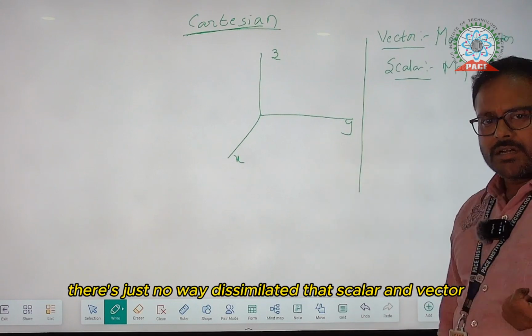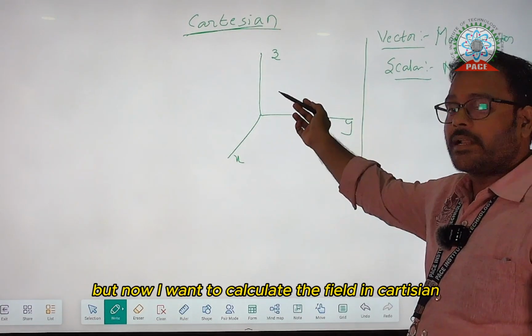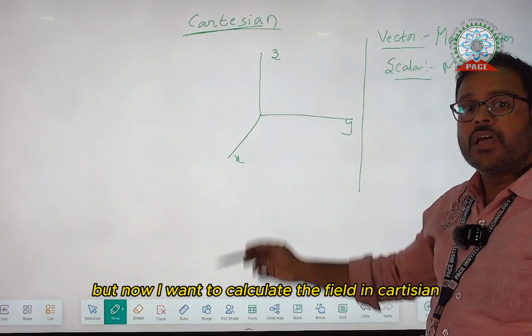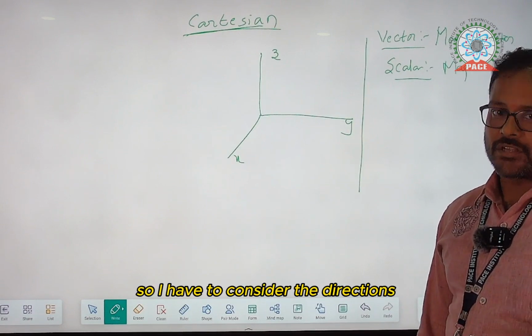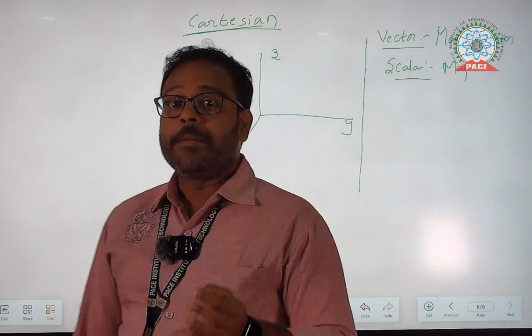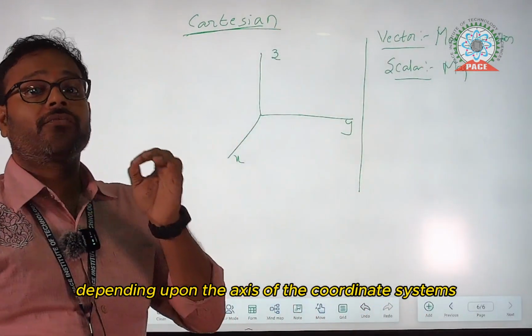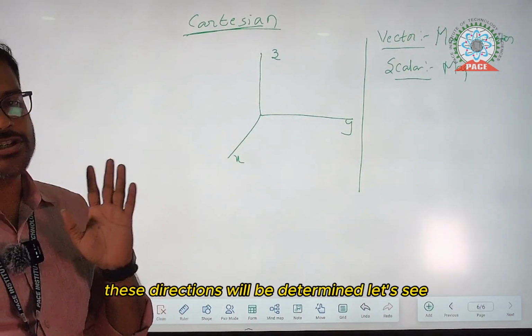So just now we distinguished scalar and vector, but now I want to calculate the field in Cartesian, which is a vector quantity. So I have to consider the directions. How can these directions be obtained? Depending upon the axes of the coordinate system, these directions will be determined.